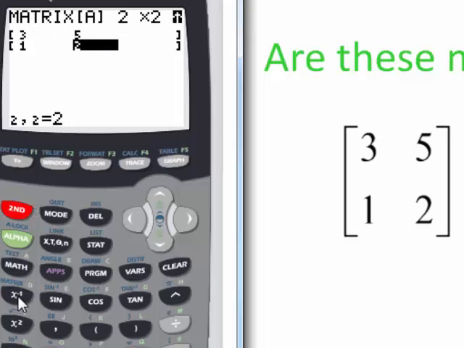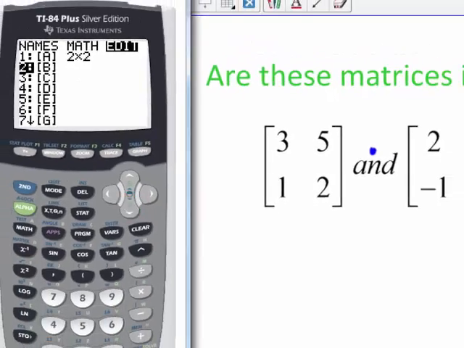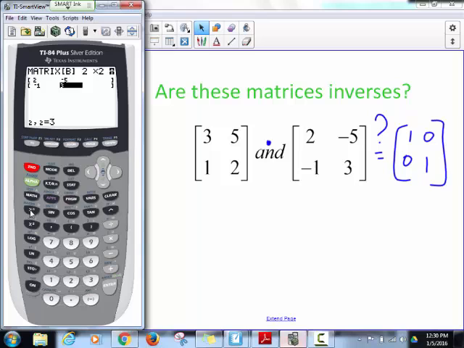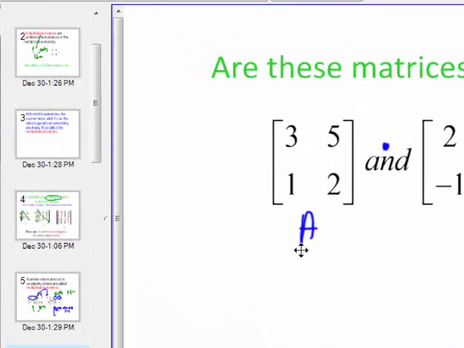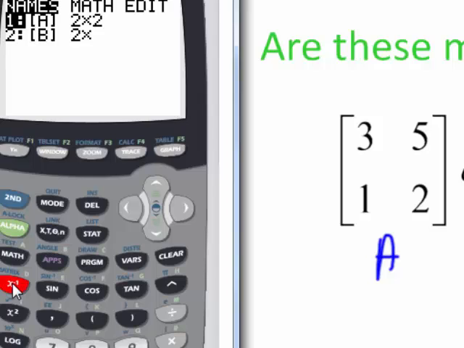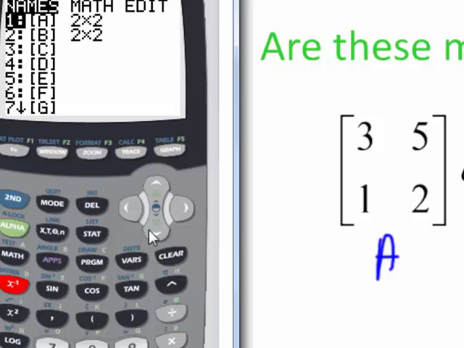Okay, and then I'm going to have to enter another matrix. So we called this one A and we called this one B. So I got to call upon those guys and multiply them. So I get to my home screen first and then pop up my matrix. And I'm going to grab A and multiply it by B.